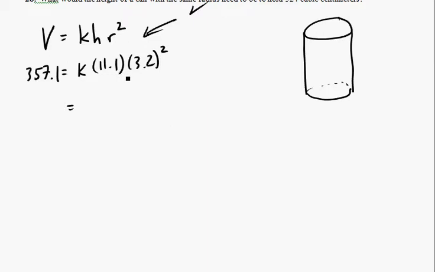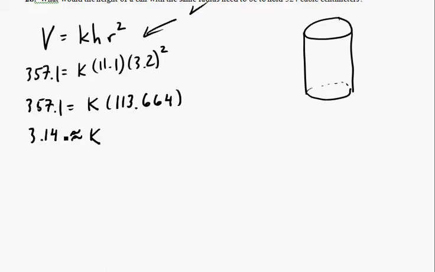I'm going to do 11.1 times 3.2 squared, which equals 113.664. That equals 357.1. So k equals 357.1 divided by 113.664, and when we do that, we get about 3.142.